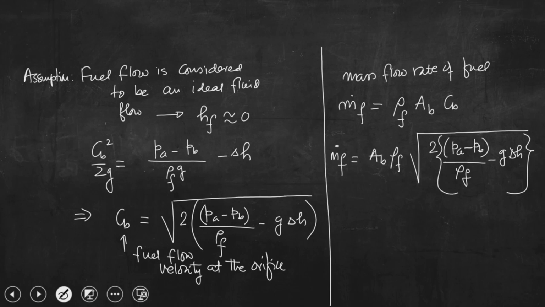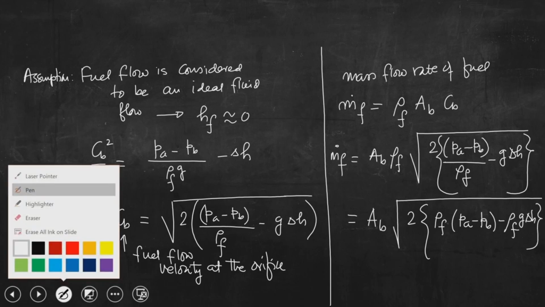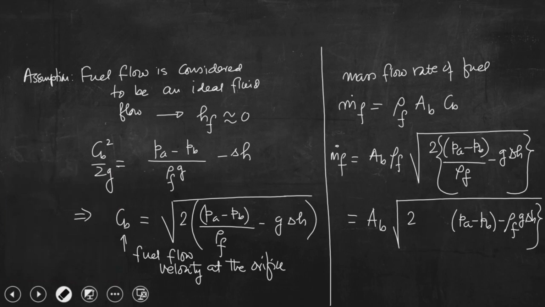So, that is the expression, right. If we take rho f inside the root, then we can write it like this, under root twice into rho f into PA minus PB minus rho f square into G into delta H, or I can write rho f G into delta H. In that case, I can take this rho f out of the bracket.